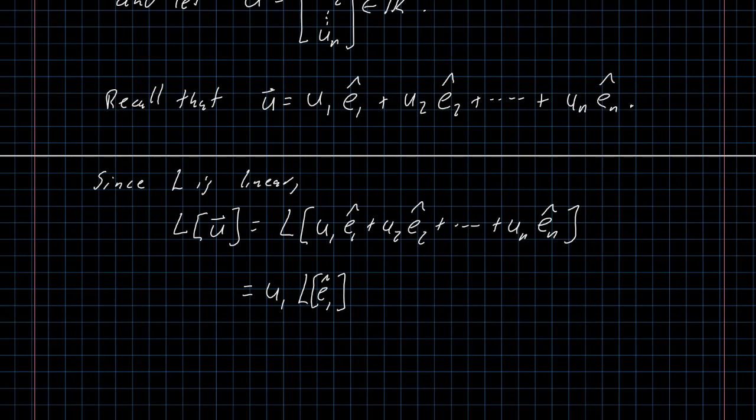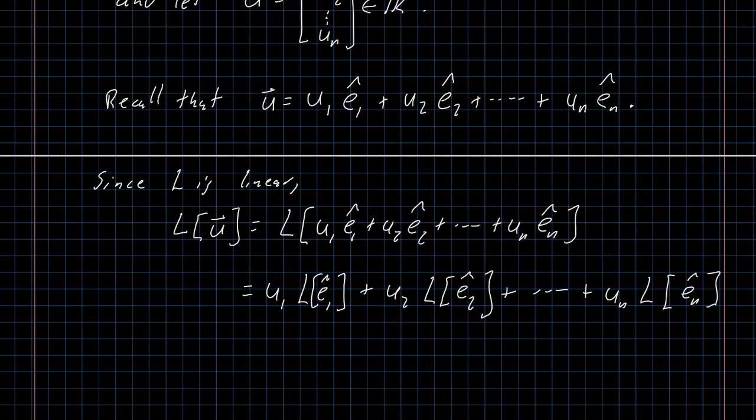So I get u1 times L on e1 hat. I get u2 times L on e2 hat, all the way down to un times L acting on en hat.